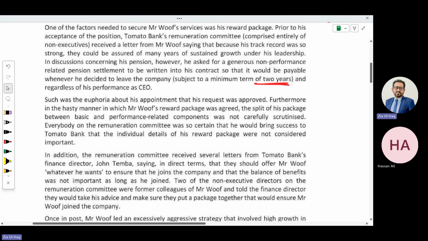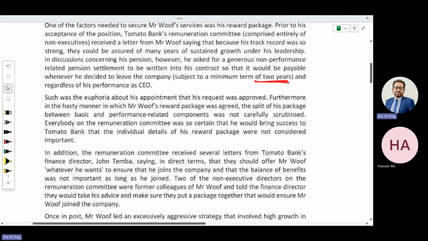Such was the euphoria about his appointment that his request was approved. Furthermore, in the hasty manner in which Mr. Wolf's reward package was agreed, the split of his package between basic and performance related components was not carefully scrutinized.